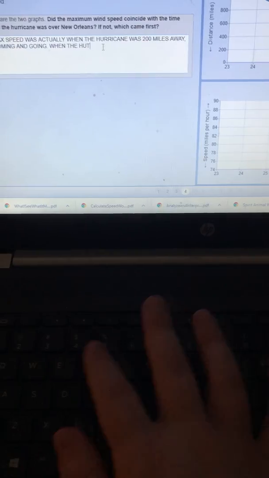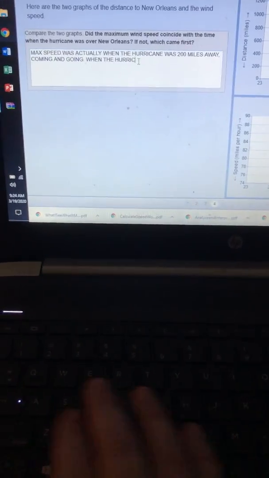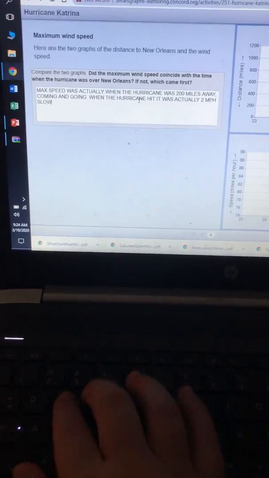When the hurricane was over New Orleans, it was actually 2 miles per hour slower. Okay, so that's all the question asked.